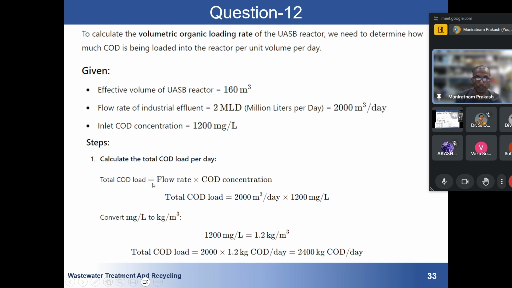Before calculating the loading rate, we first have to calculate the COD per day, because the final answer has to be in kg COD. The COD load is flow rate times COD concentration. The flow rate is 2000 meter cube per day, and the COD concentration is 1200 milligram per liter, and we can convert milligram to kg and meter cube.